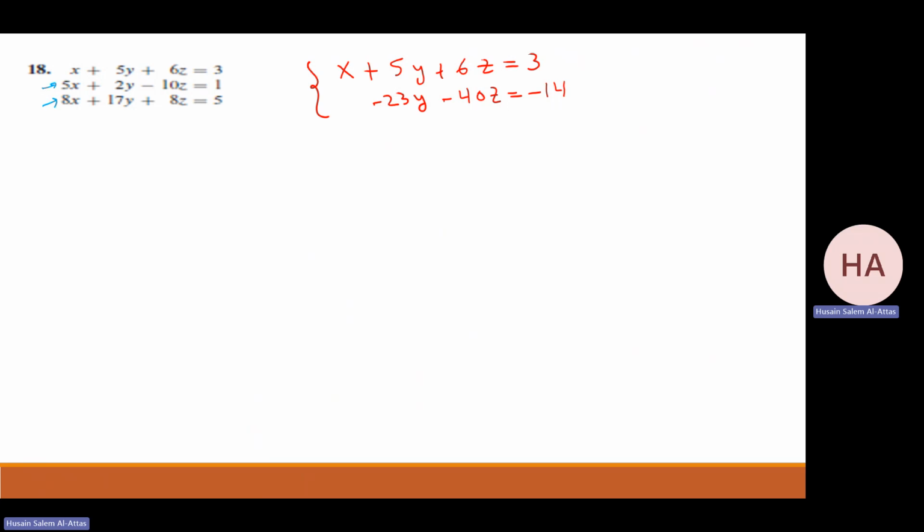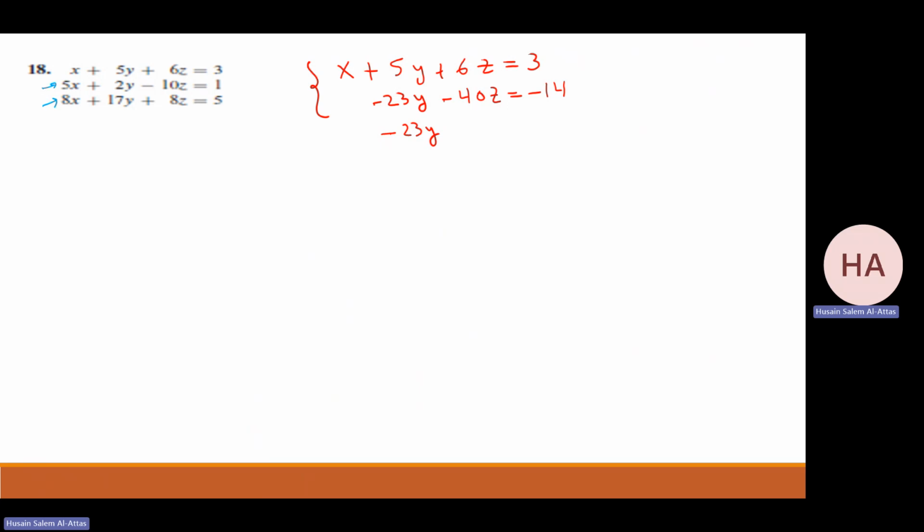Now get rid of x, multiply by minus 8, that will be 0. That will be minus 40 plus 17, that will be minus 23y. Yeah, same thing, minus 23y.